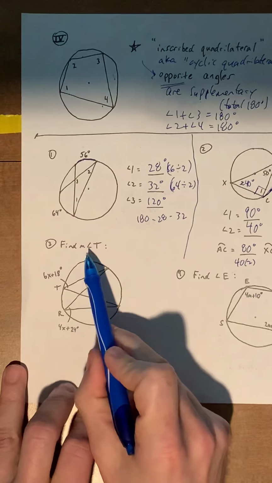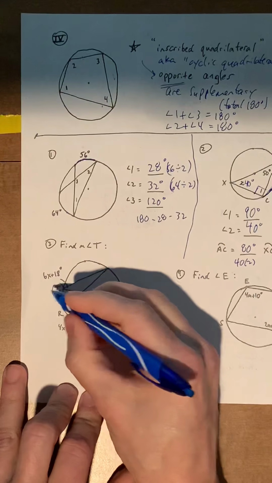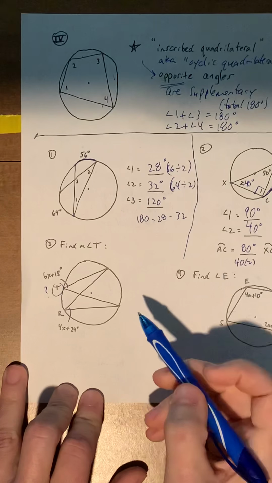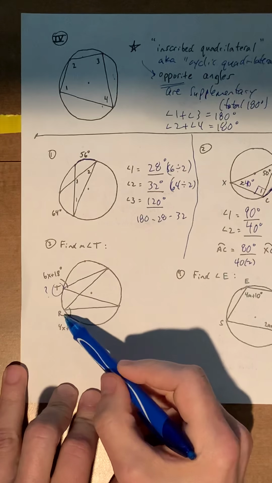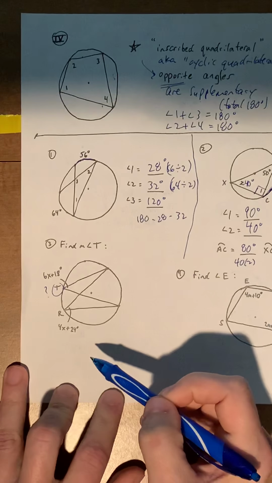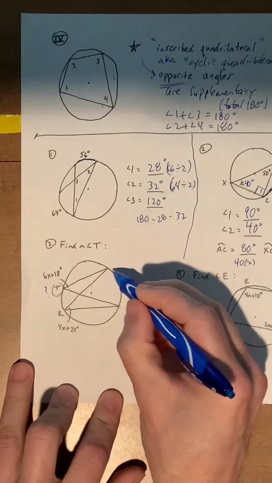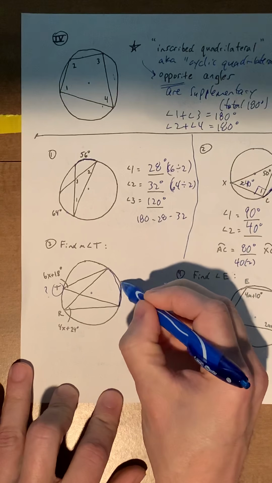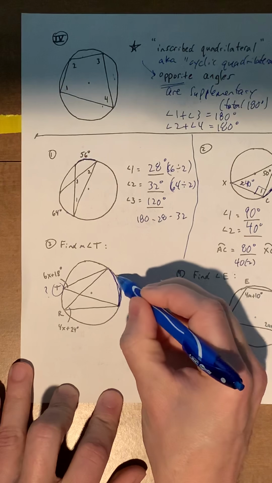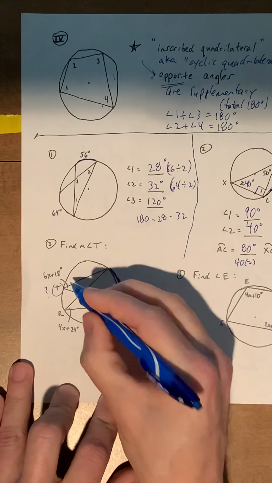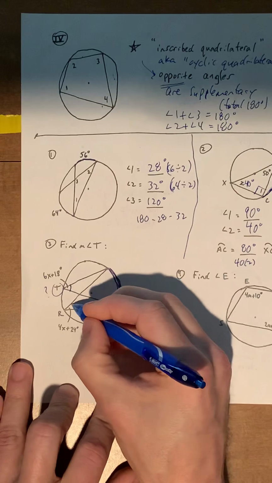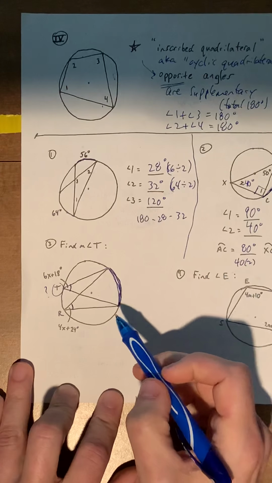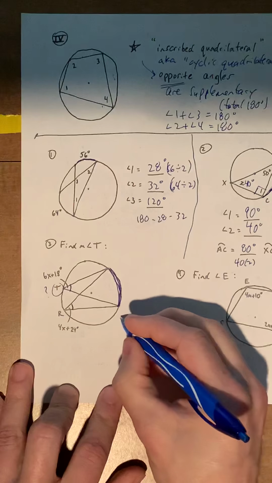All right, we want to find the measure of angle T, which is right here. And if we look, this will be using property 2 from the other side of the notes. The intercepted arc for angles T and R is right here. They share this intercepted arc, so that means T and R are congruent or equal, so we can simply set them equal and solve for x.